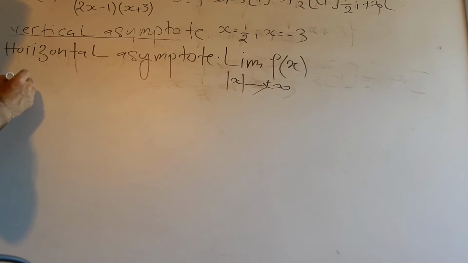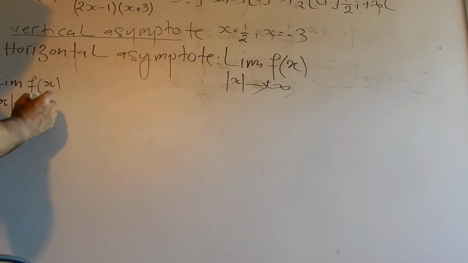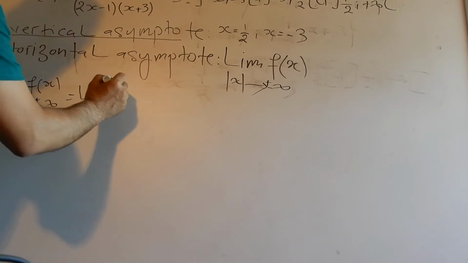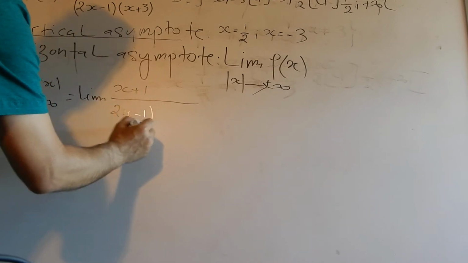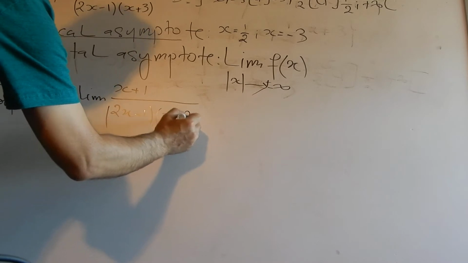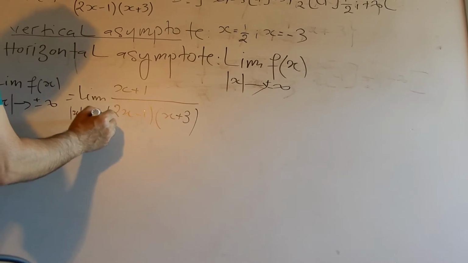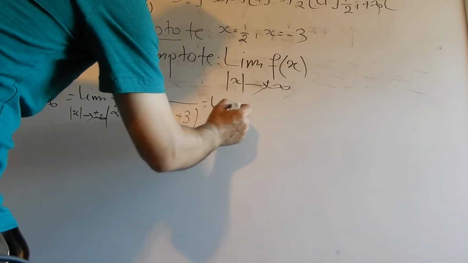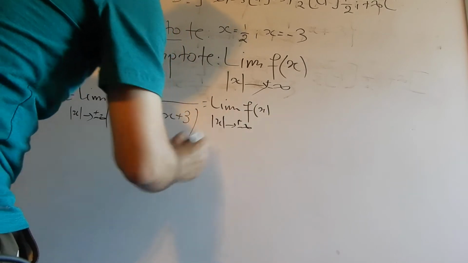So the limit of f of x as the absolute value of x approaches infinity equals the limit of x plus 1 over 2x minus 1 times x plus 3 as the absolute value of x approaches infinity.